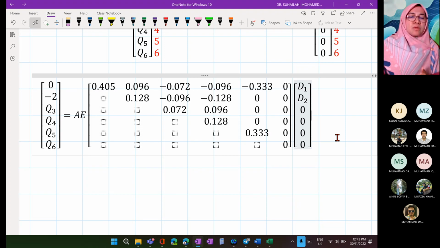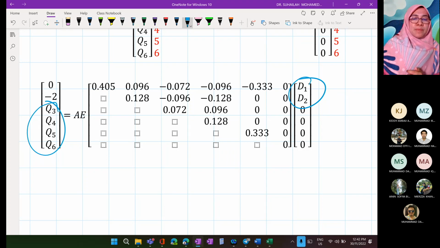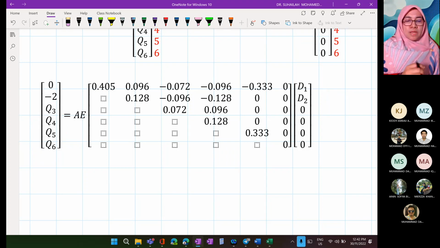The first output is the unknown displacement. The second output will be the unknown reaction. The third output will be member forces. So we can solve this D1 and D2 by solving simultaneous equations. There are two unknowns, so we use two simultaneous equations. Actually, we have to multiply all, but since D3 until D6 are 0, it is just like we cancel all the 0 rows.